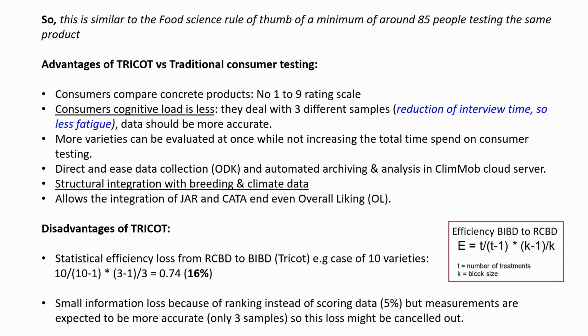And then there's a small information loss because you're looking at ranking data, not scoring data, but that can be cancelled out because you are looking only at 3 samples, and you completely compare products, and you're not referring to abstract indicators of if it's good or not good.